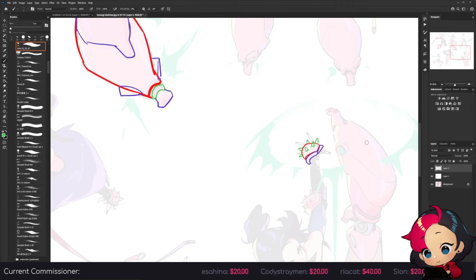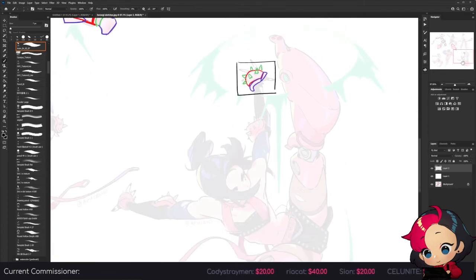So then you have this super tight macro environment right here. And then if you look at it in the scope of the bigger arm, this is replicated over here.